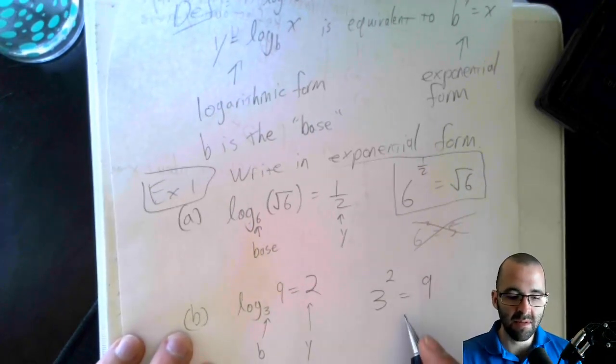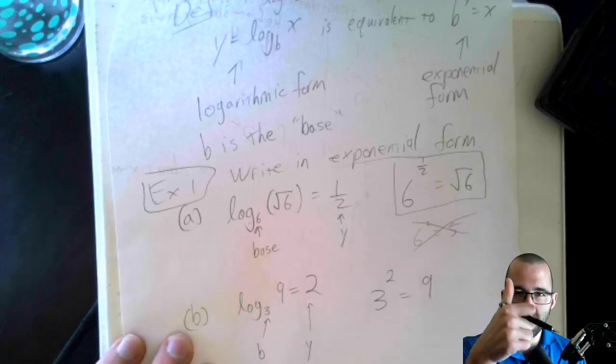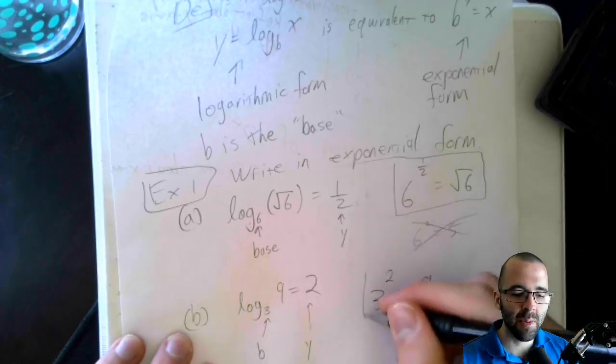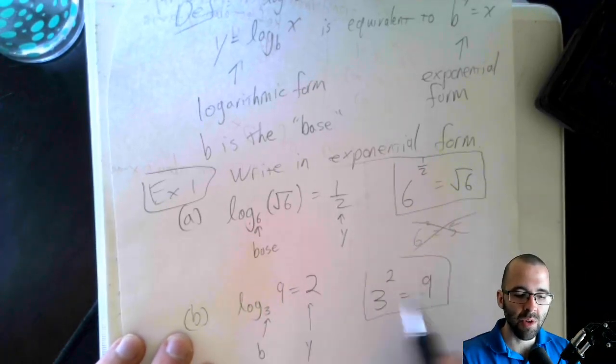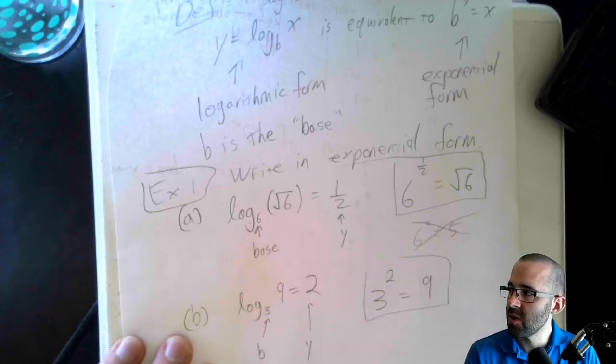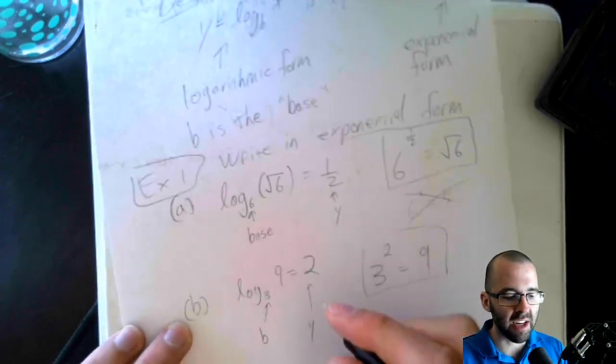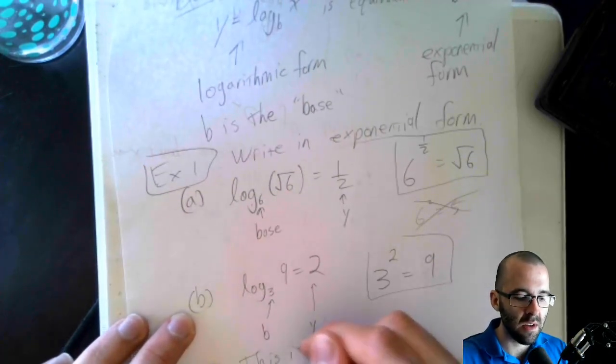Is this a true statement? I sure hope so. 3 squared is 9. And this is the exponential form. Both of these are true. Just one's in logarithmic form and one's in exponential form. That's the relationship between logarithms and exponentials.